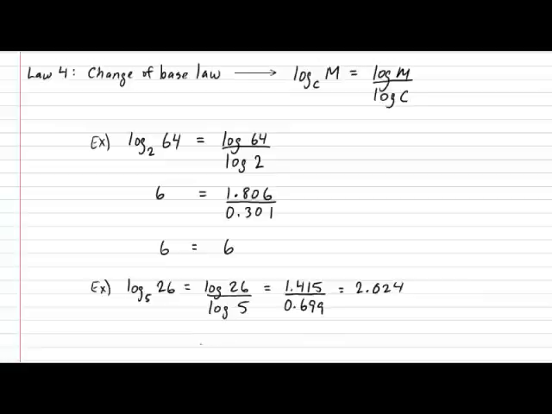This result is confirmed by the fact that if you were to go back the other way and do 5 exponent 2.024, it does in fact give us back the result of 26.